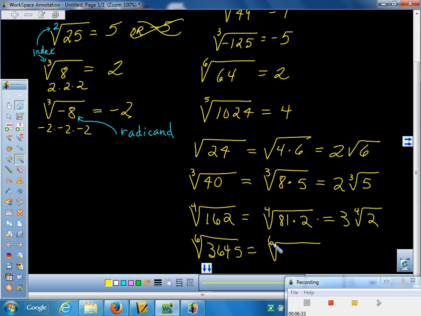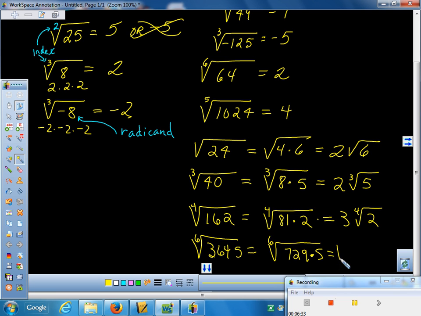It's not on here. Okay, so 64 can't go into it. 729 then. 729 times 5, you play with your calculator and you find a number that works.